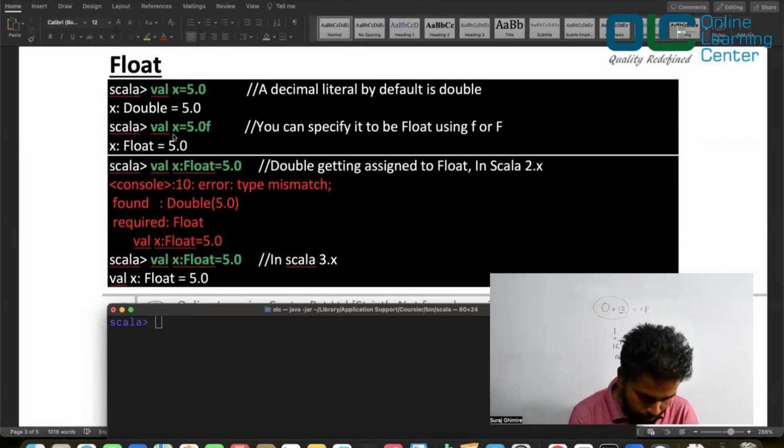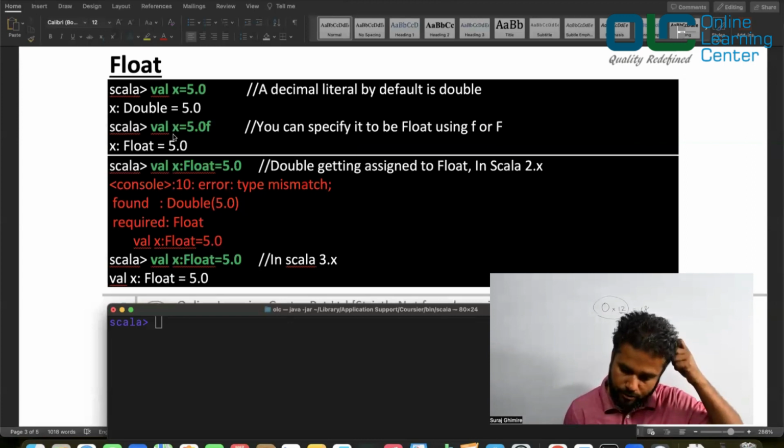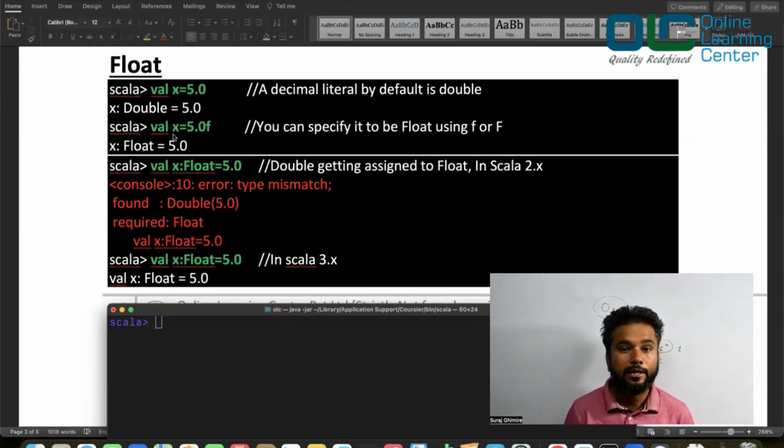Now let's talk about float. Okay, so float can be used when you want to store decimal values, right? For example, if you say, hey, I want to store the salary of the people, the bank balance of the people, and let's say we also have the concept of paise, which means I can have, let's say, 10,000 rupees 50 paisa, right?